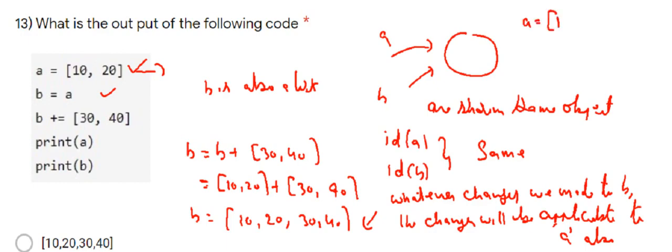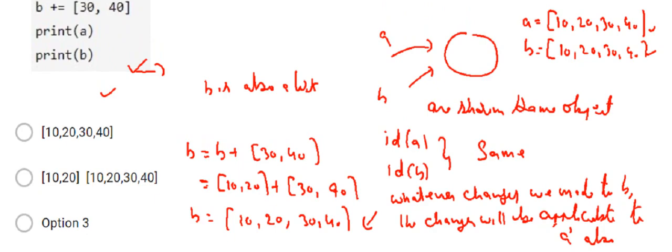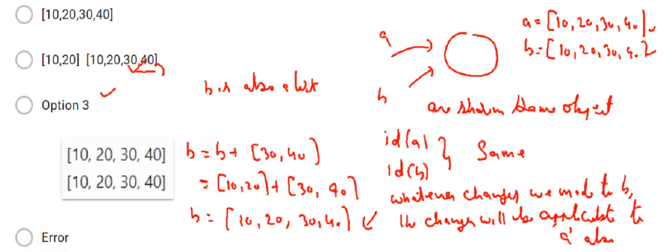If you want to print A, this will be printed. If you want to print B, this will be printed. So both lists are the same. So now what is the answer for this? The answer for this is option 3. The value of list A is 10, 20, 30, 40. The value of list B is 10, 20, 30, 40. Okay.